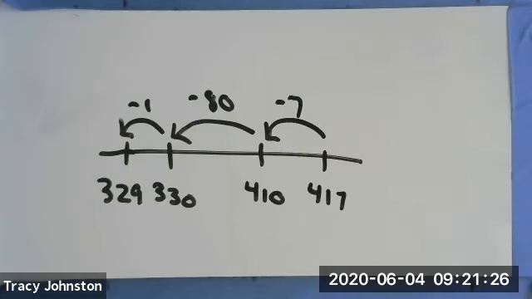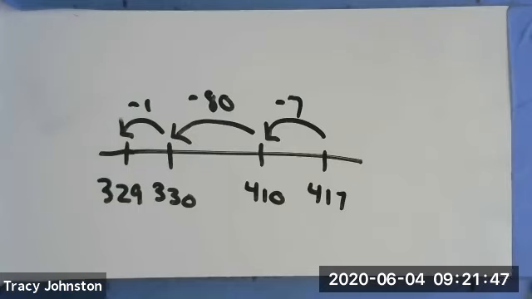For problem number 10, this is called the open number line method. And what you do is you are hopping along the number line, and the hops are determined by what appeals to you mathematically.